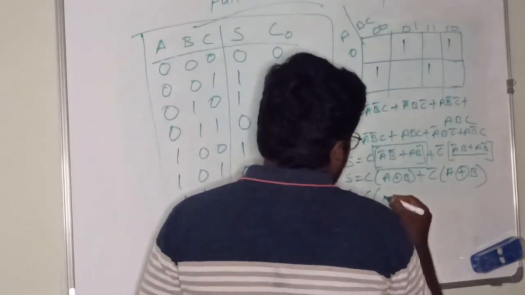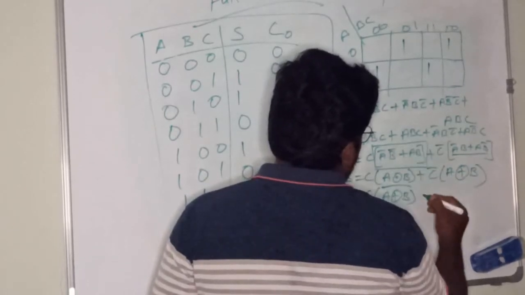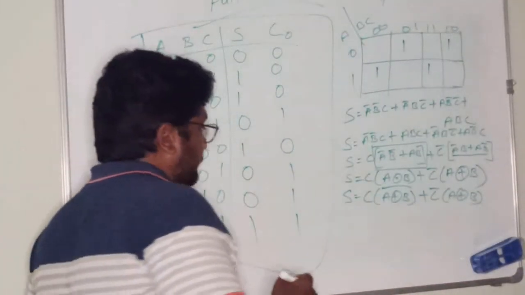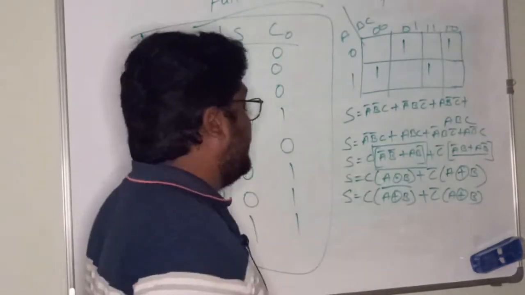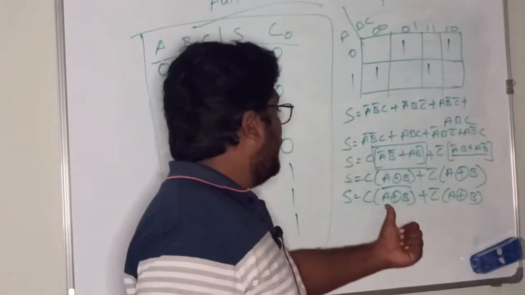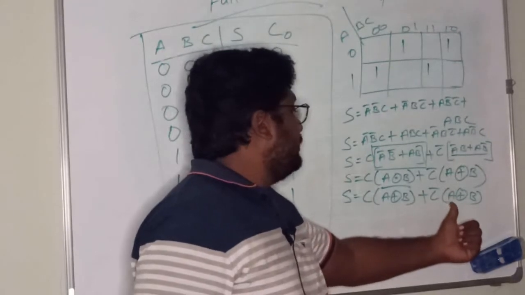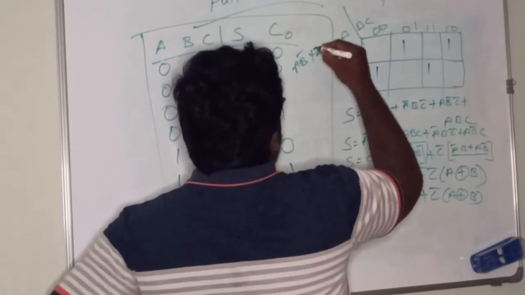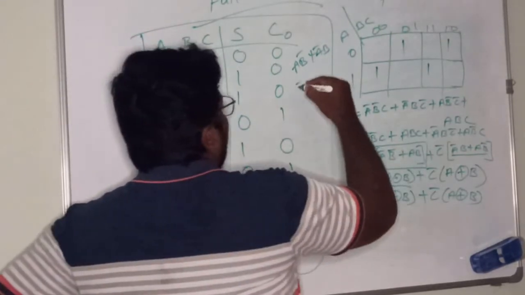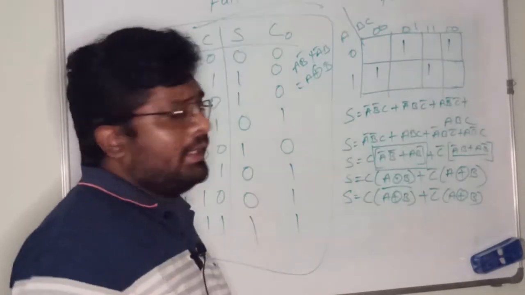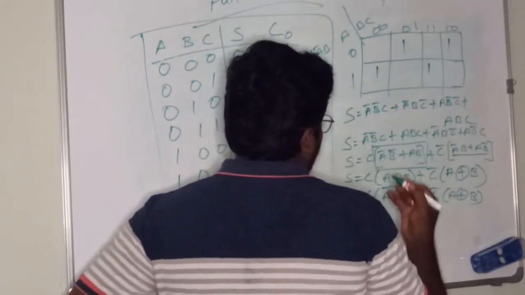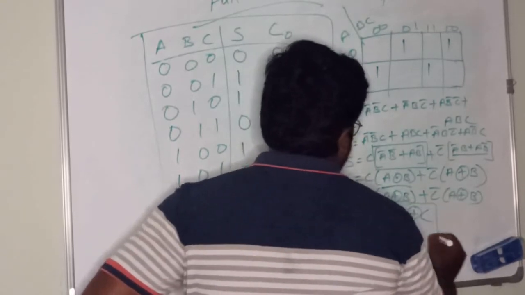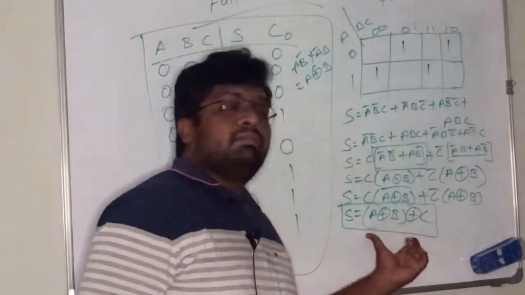So C into A XOR B whole complement plus C complement into A XOR B. So if you observe here, it will be like A B complement plus A complement B, which is nothing but A XOR B. So the sum will become S is equal to A XOR B XOR C. This is the sum for a full adder.